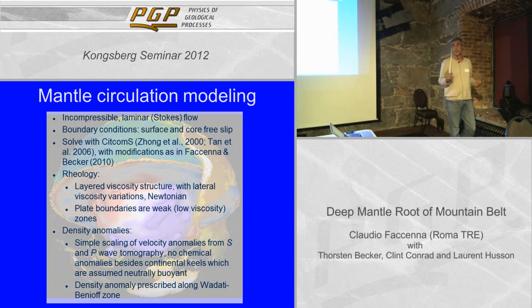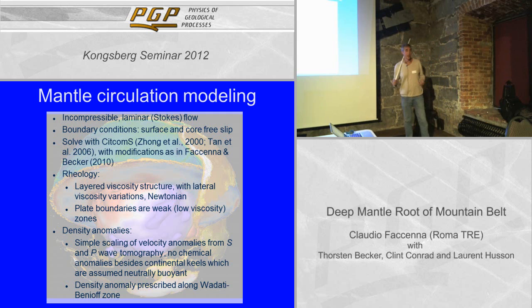To run the model, we have to make some decisions, and we have to convert the density anomaly, as in tomography, into temperature. So we decided, and I hope that Alan and Paul will not get too angry, to convert directly all the velocity anomalies into density, considering no chemical anomaly besides the continental keels.